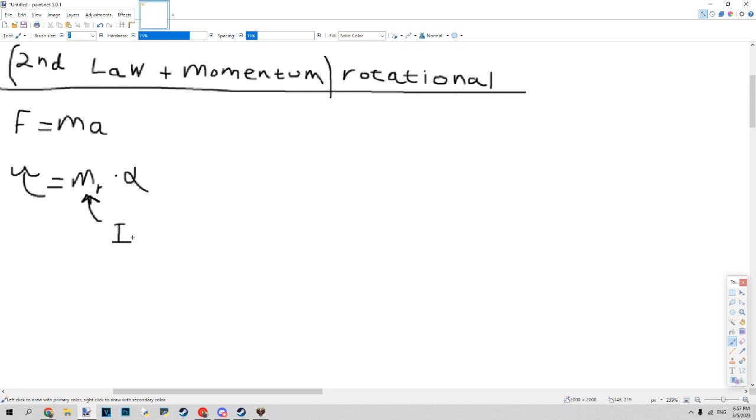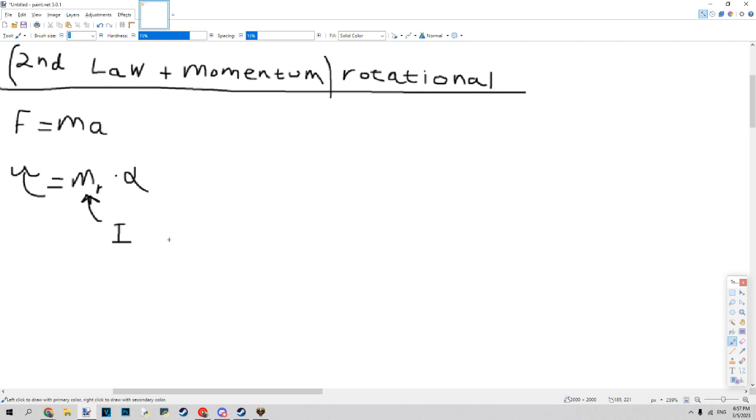And inertia, or the moment of inertia rather, is the quantity representing a body's tendency to resist angular acceleration, kind of like how mass is its ability to resist linear acceleration.